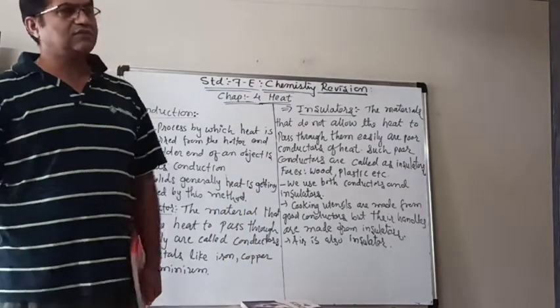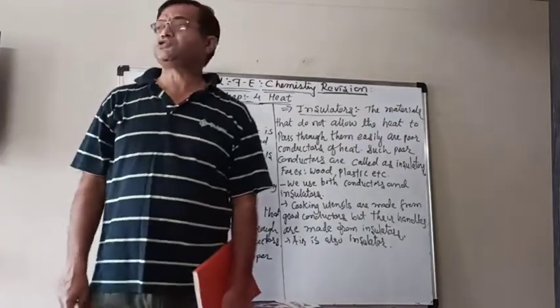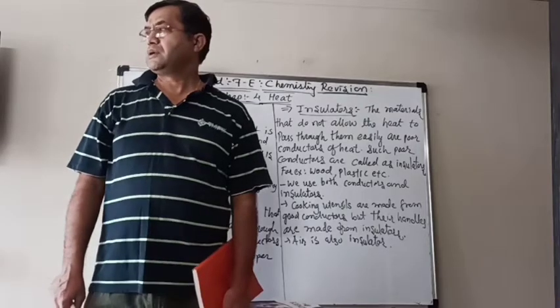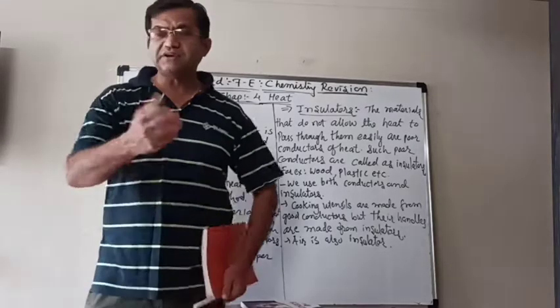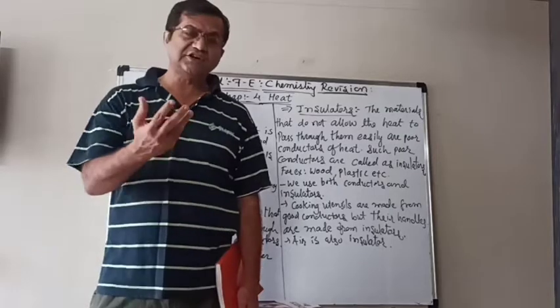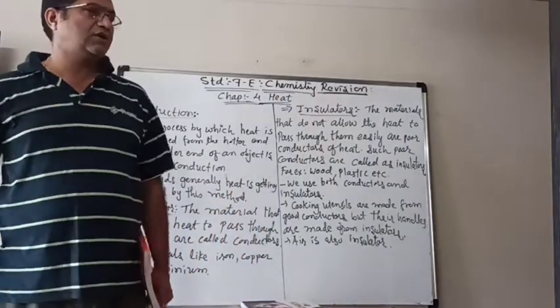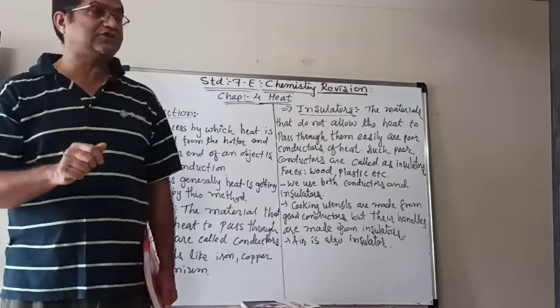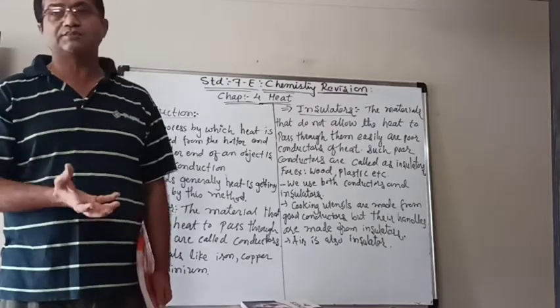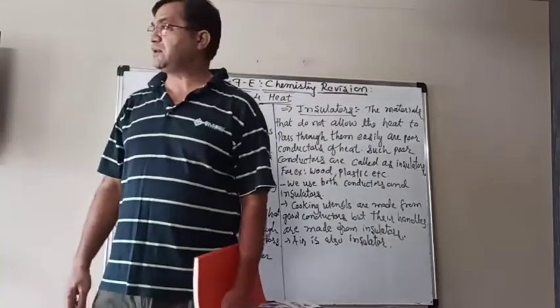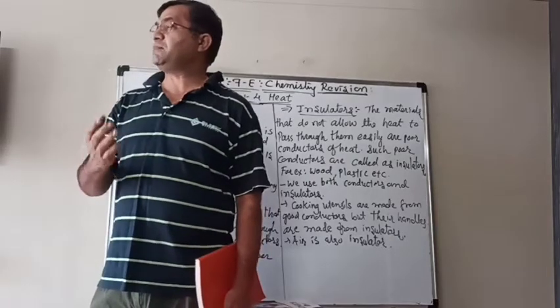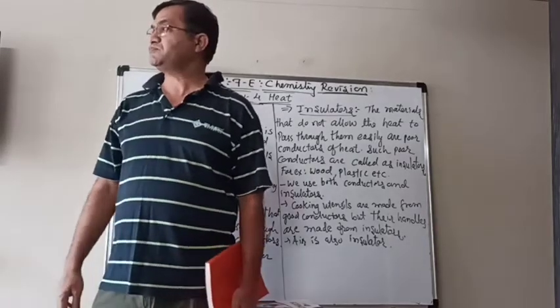We can understand this by an activity also, because you can't touch the rod, as I told you; if you touch it, it may be very hot and you can burn your hand. So rather we can understand that by an activity.